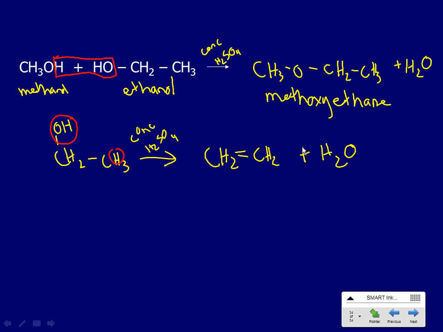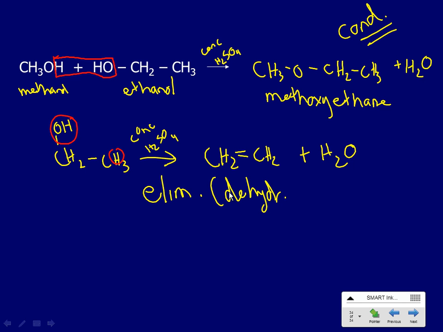We looked at this yesterday. It's a reaction of an alcohol. This is an elimination reaction. We've taken out a little piece from a bigger molecule. We haven't put together 2 bigger molecules. So this guy up here is a condensation reaction, and this is an elimination reaction, and we can say that this is a dehydration reaction because we've dehydrated the molecule.